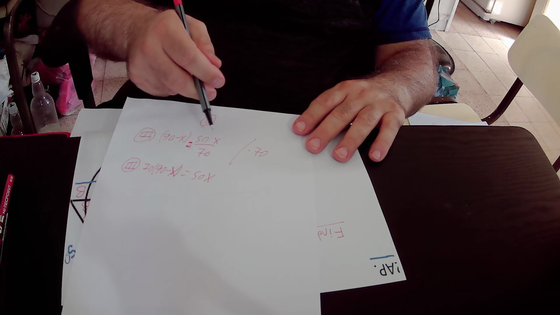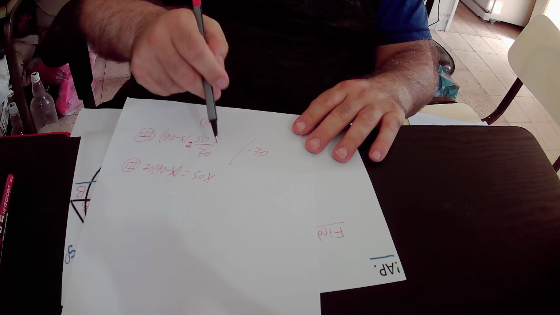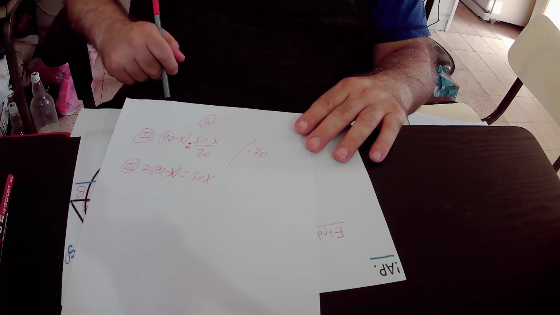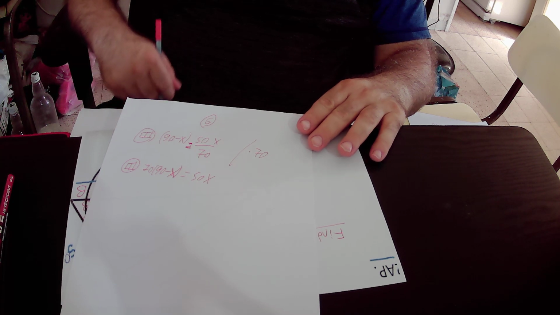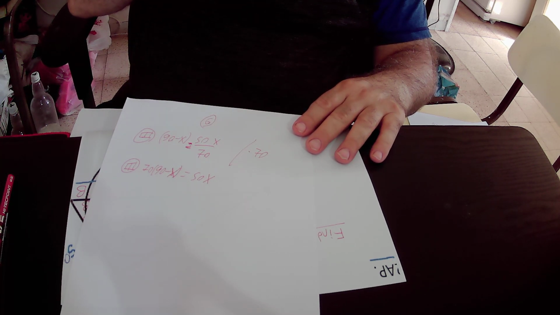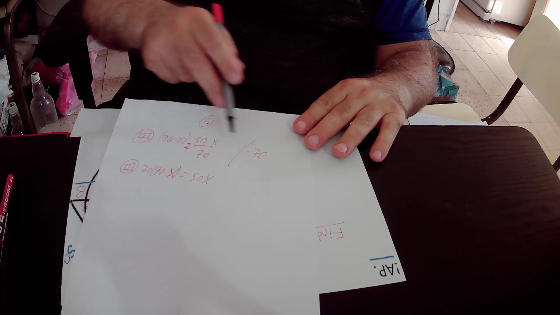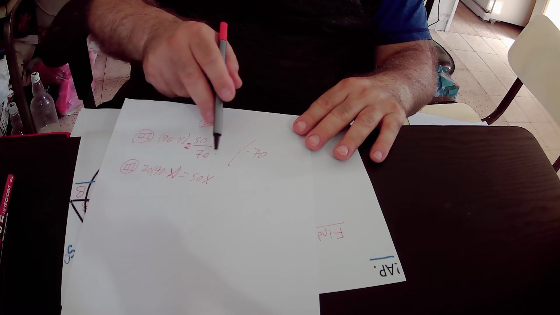So 70 is cancelled from this expression and we are left only with 50x. Okay, because 70 over 70 equals 1. So we are left only with 50x. Here we divide both sides of the equation by 10.